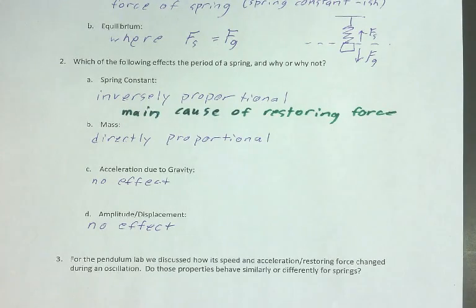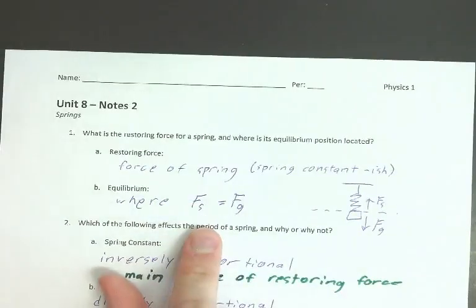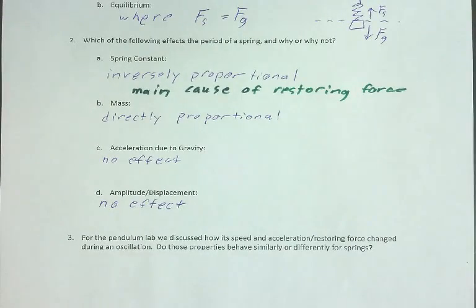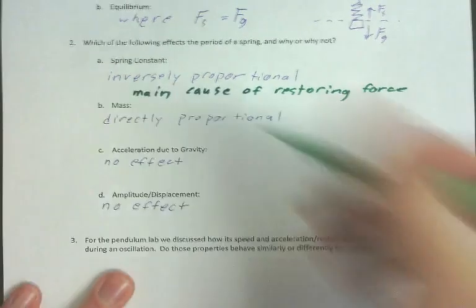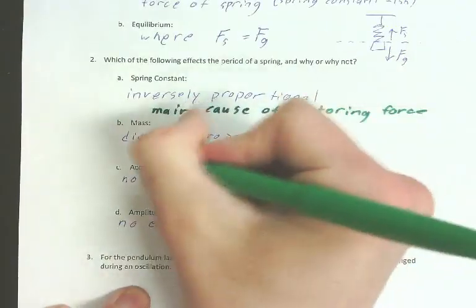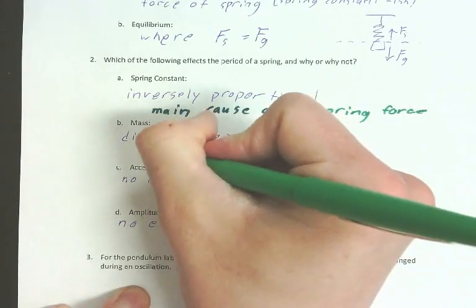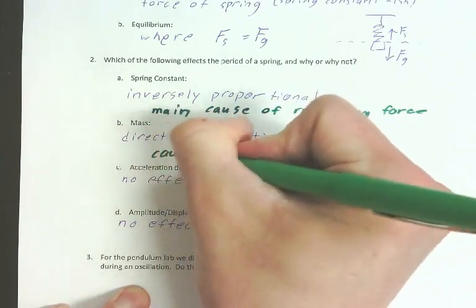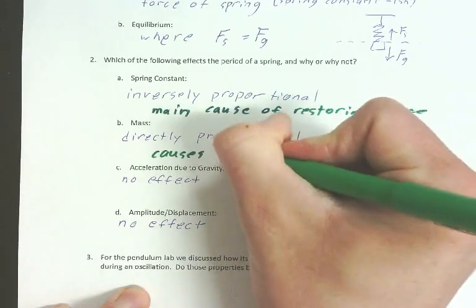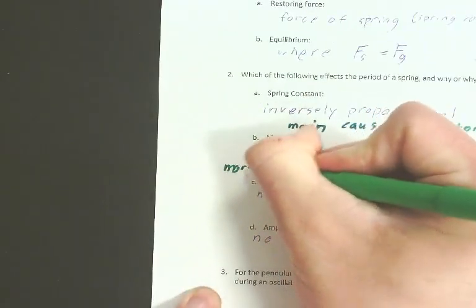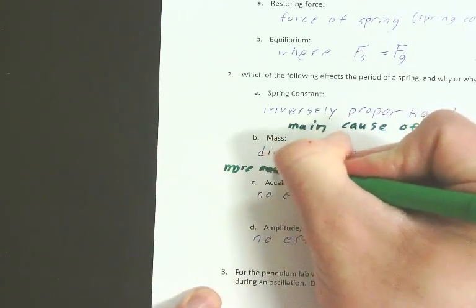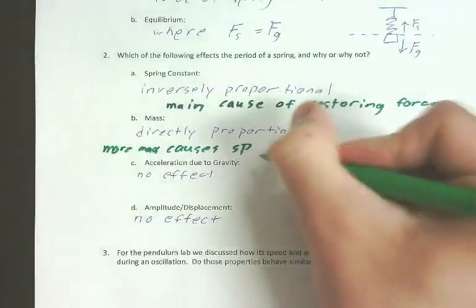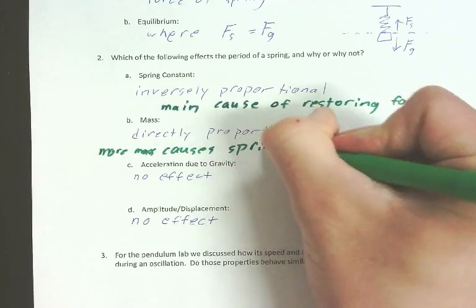Yeah. So what happens with mass is, up here we said that equilibrium is where the force of the spring equals the force of gravity. So the idea with mass is, more mass, to be more specific, causes the spring to work harder.